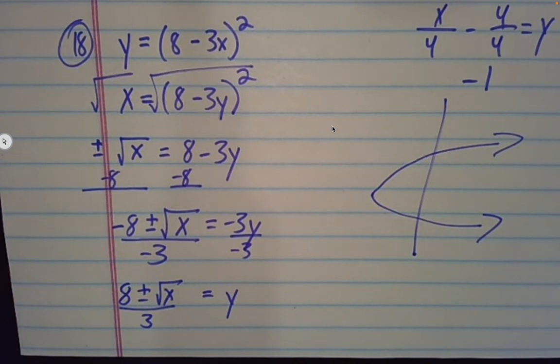Give me a second to think this through so I can explain it. Okay, I got it. Pretend it was a 4. Okay, pretend I had the number 4, and then I took the square root of it.